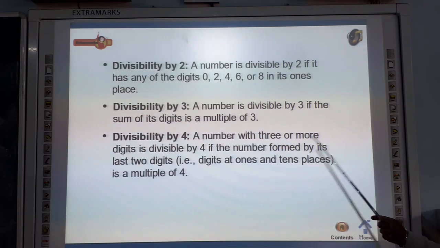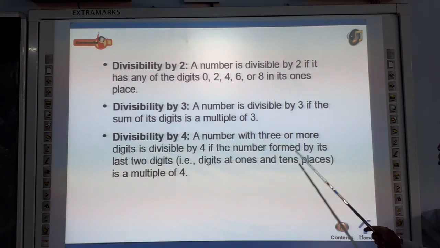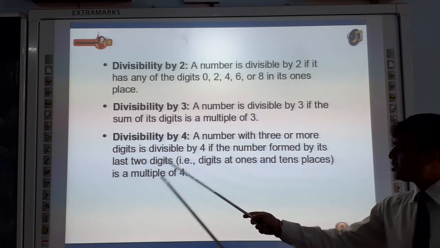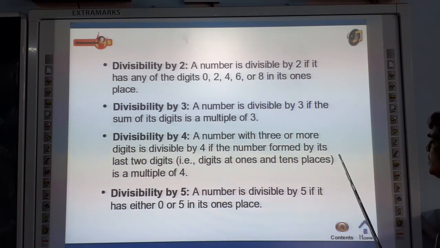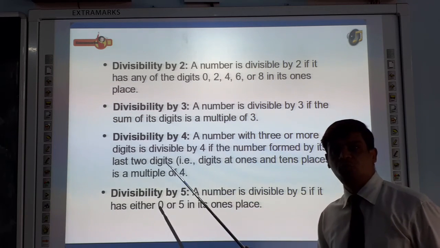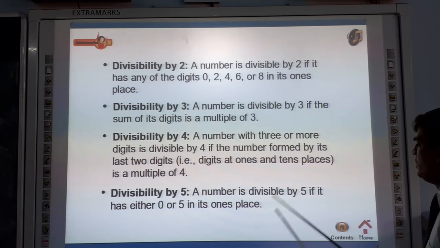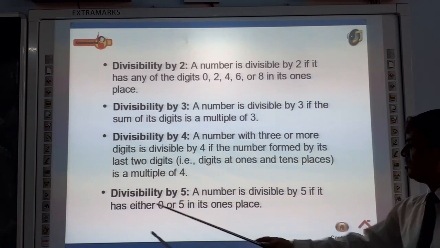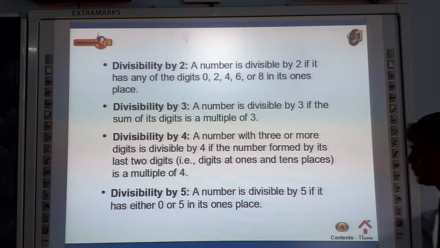A number with 3 or more digits is divisible by 4 if the number formed by its last two digits, that is digits at ones and tens places, is a multiple of 4. Divisibility by 5. A number is divisible by 5 if it has either 0 or 5 in its ones place.